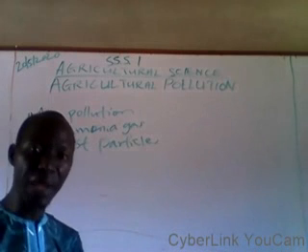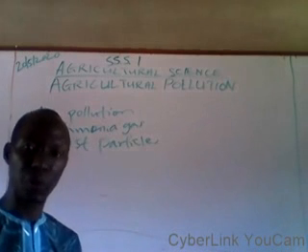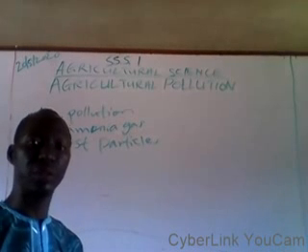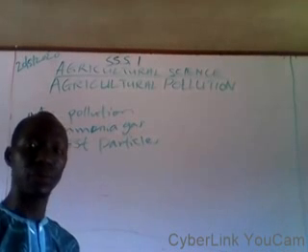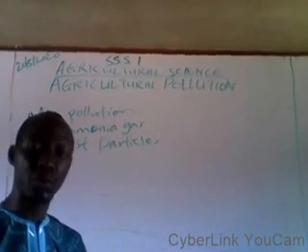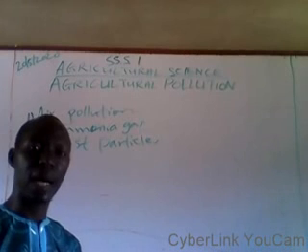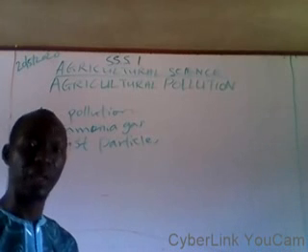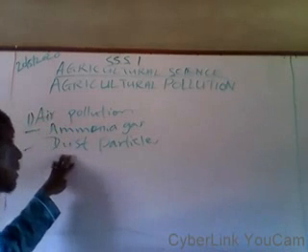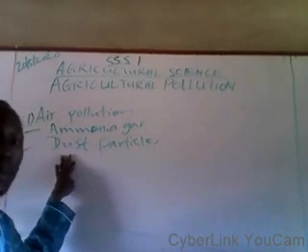You can use maize or sorghum, grind them with machine to produce animal food. But in the process of doing that, dust particles will be generated, and once they get to the atmosphere, they pollute the air. That is why they serve as air pollutants.